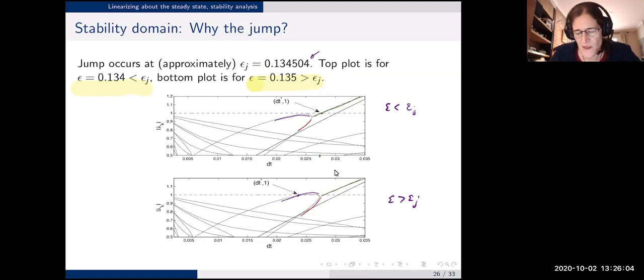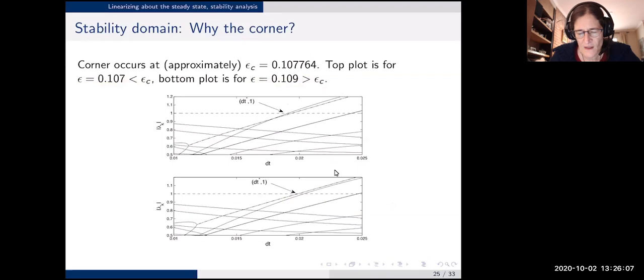With the corner, you have two branches, and they're competing with each other. There's one branch and a second branch, and where they cross, the green one crosses first, but then for a slightly larger value of epsilon, the green one is here, and the blue one is here.